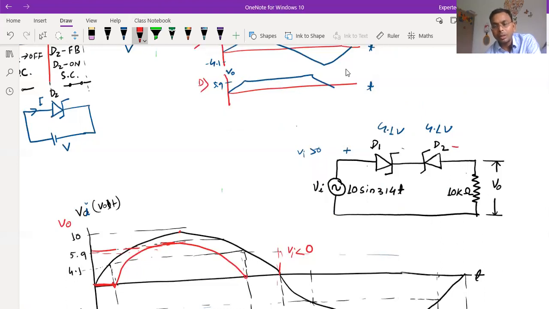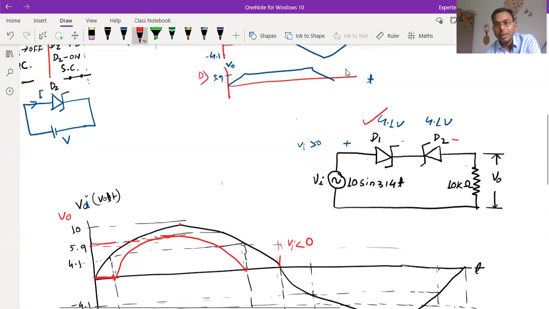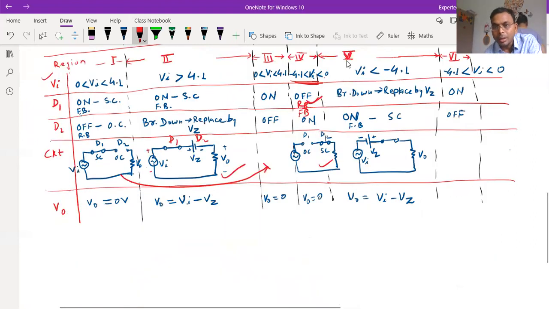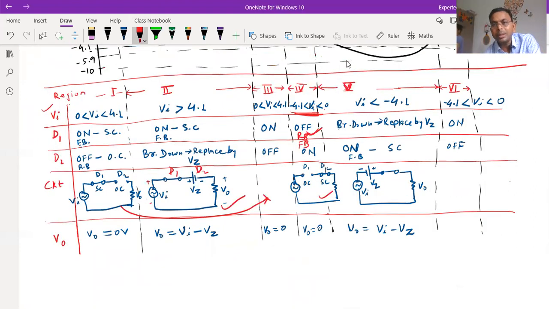So diode D1 will go into the breakdown region, and thus D1 must be replaced by VZ, and D2 will be just on because it is forward bias, so it is short circuit. So D2 is short circuit and D1 is replaced by VZ. Here also you remember where the positive terminal and the negative terminal of the Zener diode are. So here we can write VO is nothing but VI minus VZ.